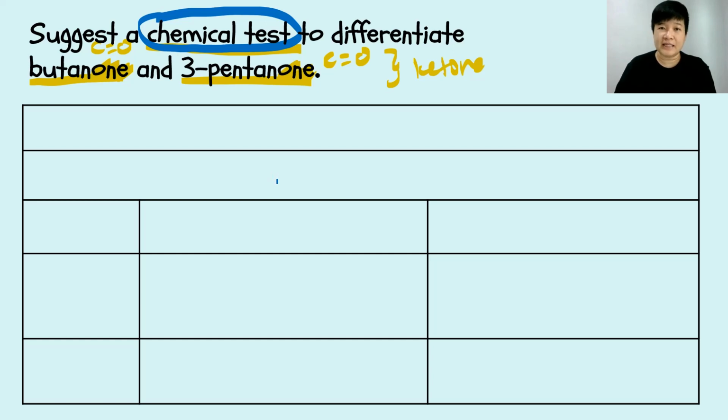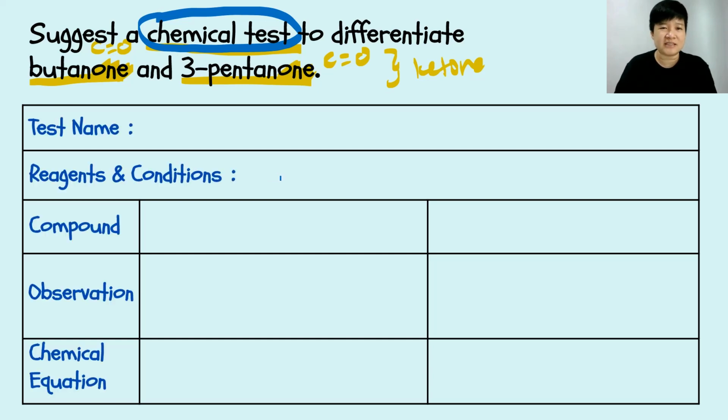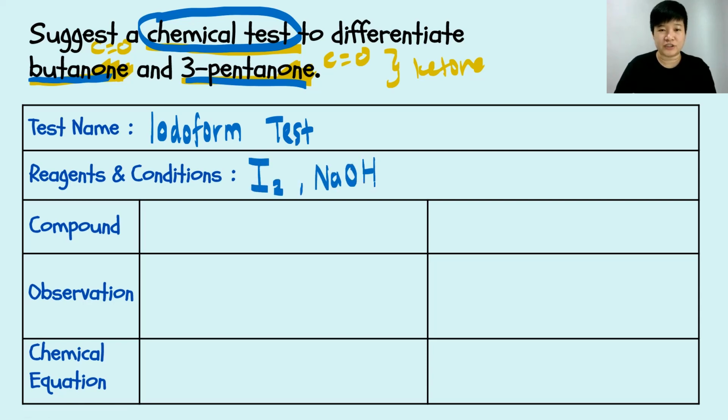And the same thing, ladies and gentlemen, to answer chemical test, we always answer in the table. And in your table, you're always having these 5 same things. And right now, since I'm having butanone and also 3-pentanone, I will then start off with my iodoform test. And in your iodoform test, you'll be using your I2 and NaOH. And your compound right now is butanone. So you can draw your butanone. Butanone is a 4-carbon ketone.